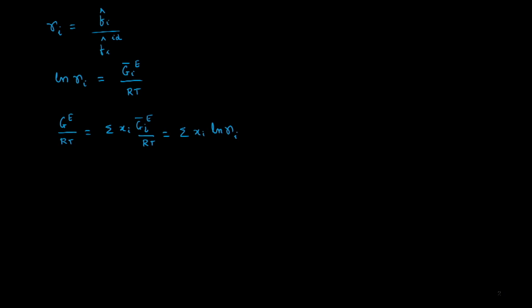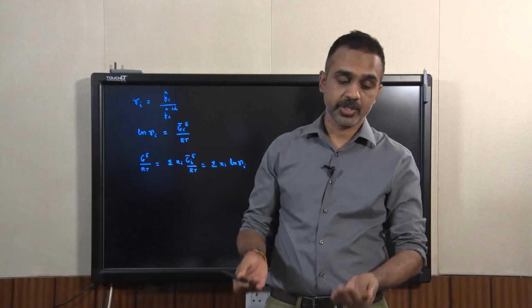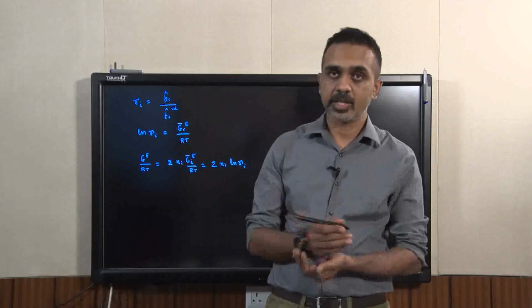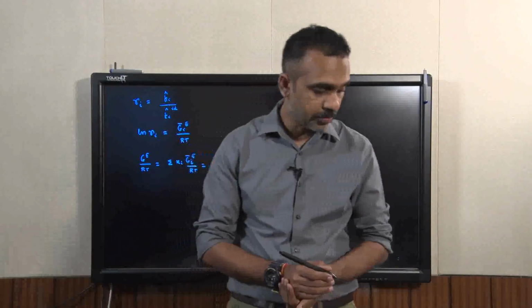In addition to this, we have also derived the criteria for phase equilibrium using the equality of chemical potentials and hence the fugacities, and we expressed fugacities in terms of fugacity coefficients and the activity coefficient.